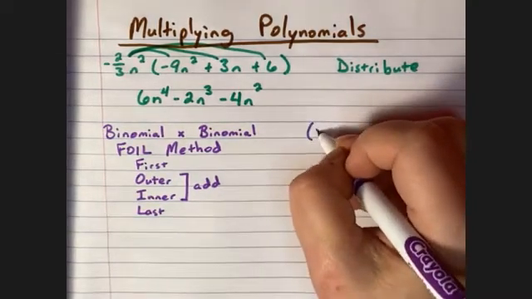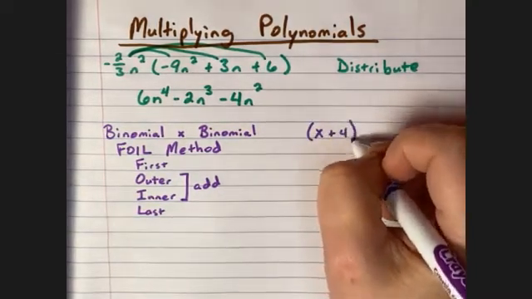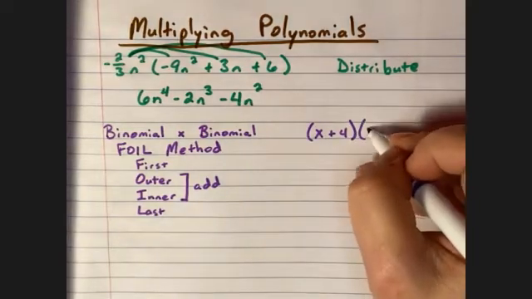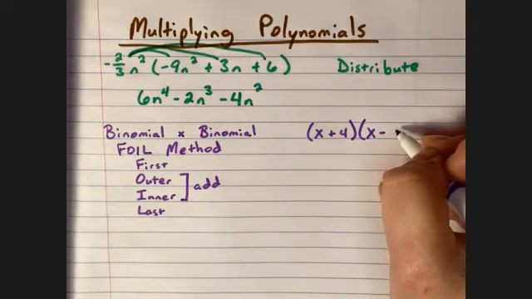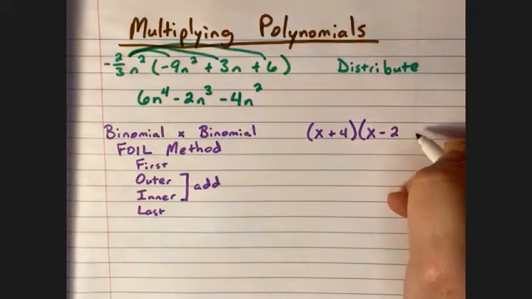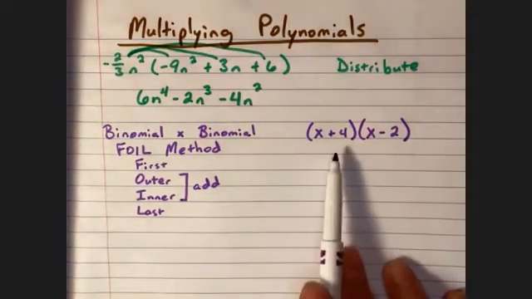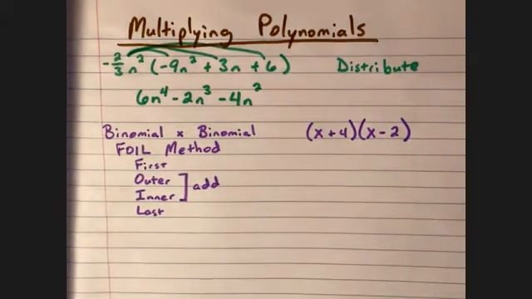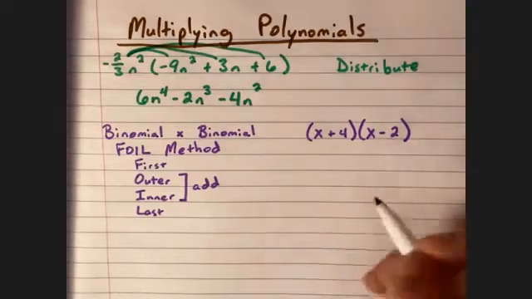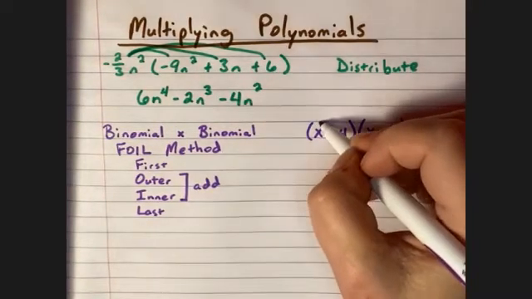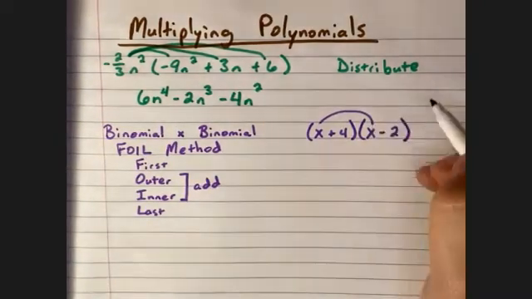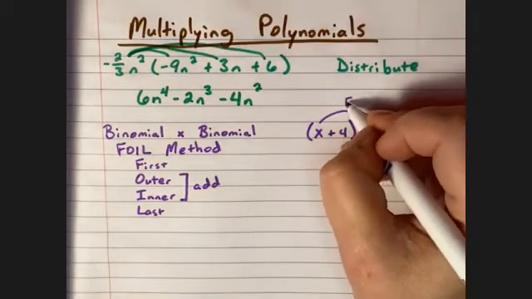So if I have x plus 4 times x minus 2. So 2 terms, so it's a binomial times a binomial. Now, the first term in each set of parentheses, the x and the x, those are the first.